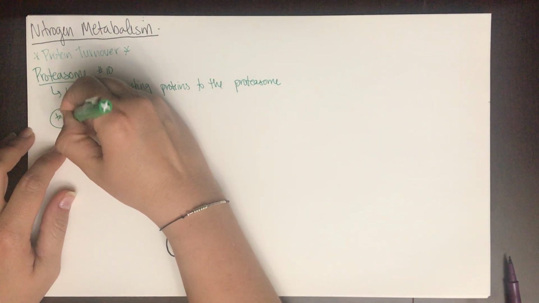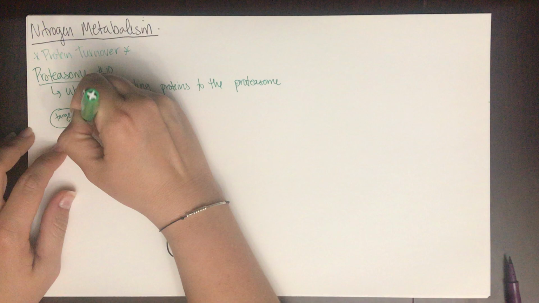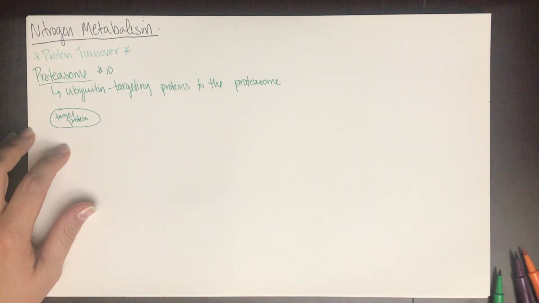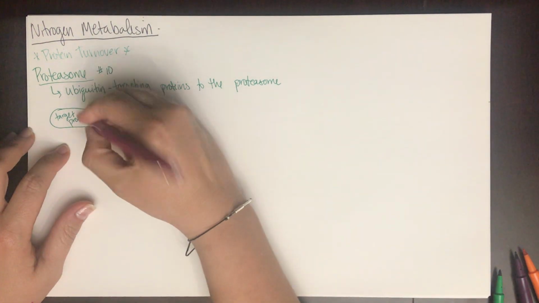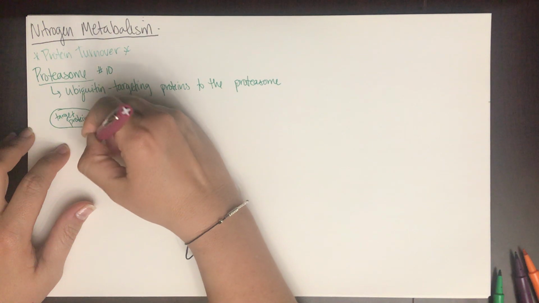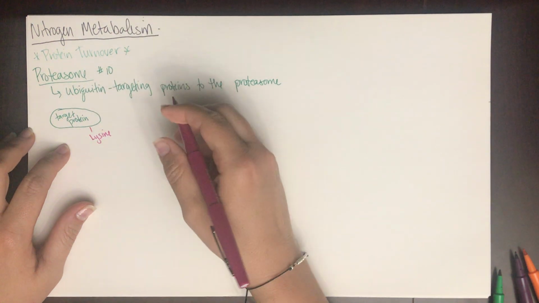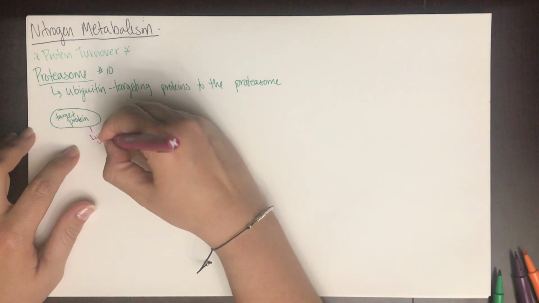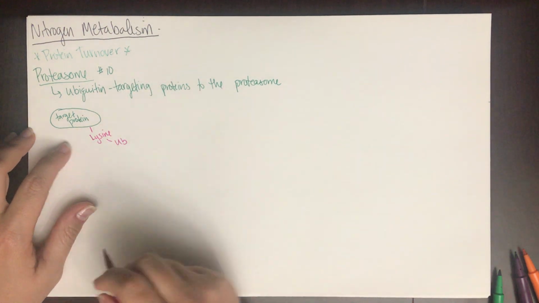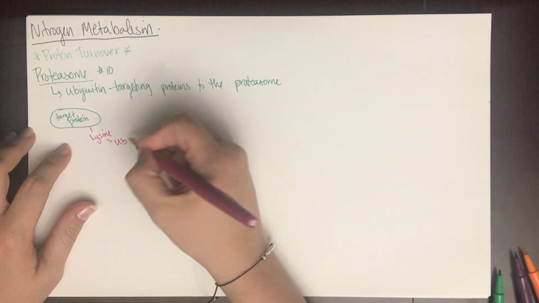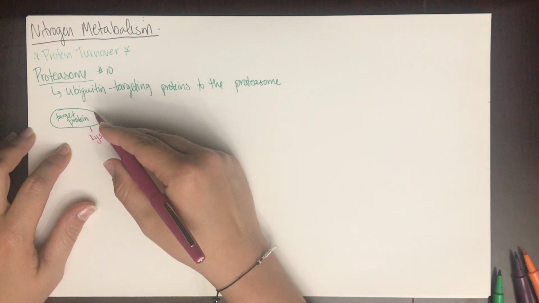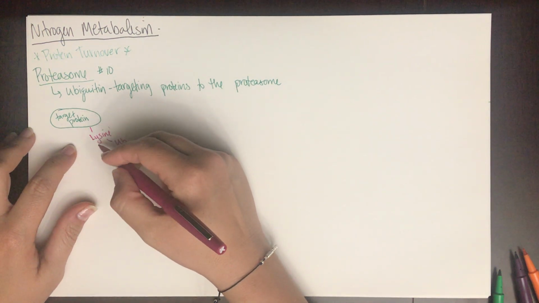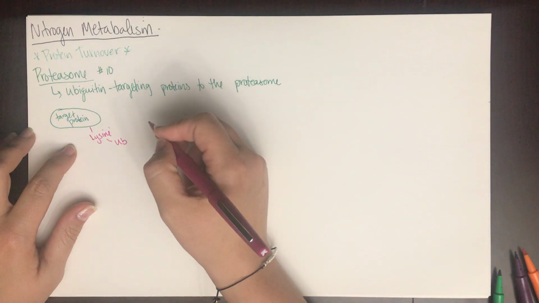So you have the target protein, and on the target protein is a lysine. This ubiquitin is conjugated to the lysine. So this ubiquitin gets added to a target protein via a lysine on the target protein.